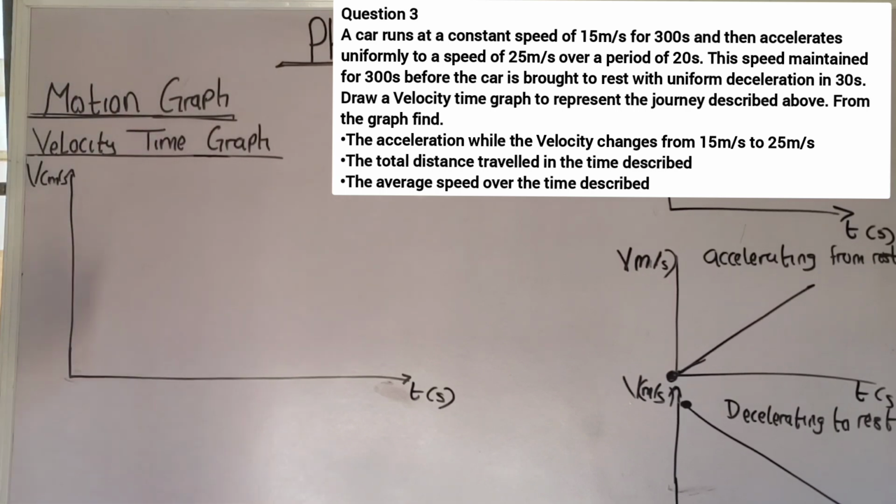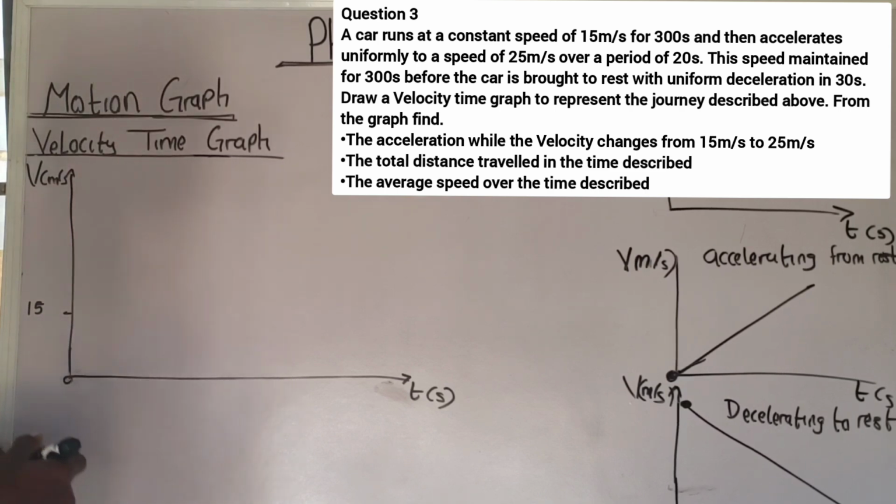Now, the car runs at a constant speed of 15 meters per second for 300 seconds. So here I'm going to have, let's say this is 0, and this is 15. This is the velocity at 15 meters per second. It runs at a constant speed, that means that the speed is not changing.